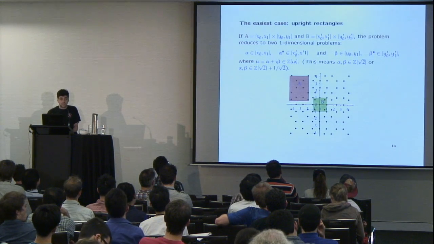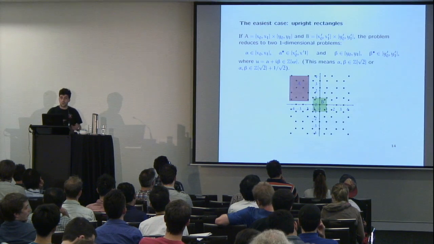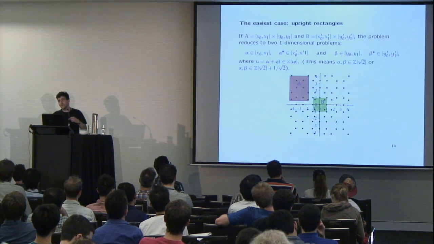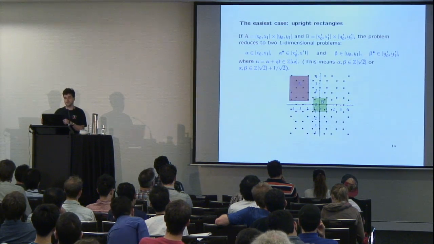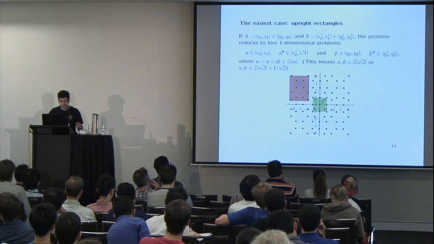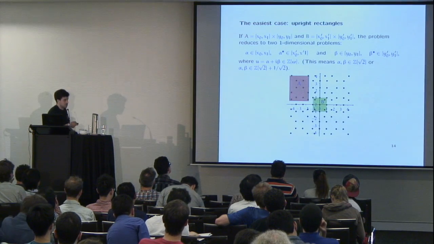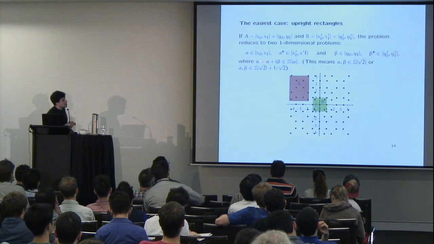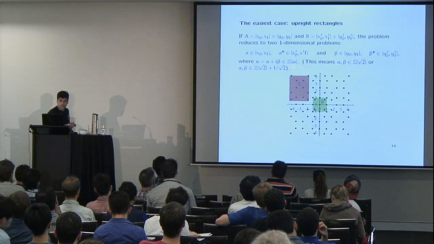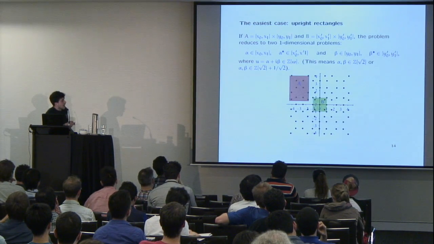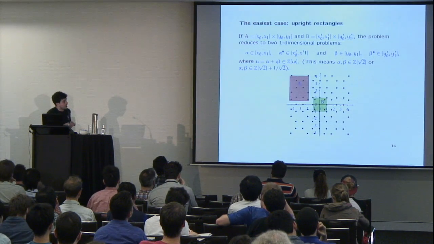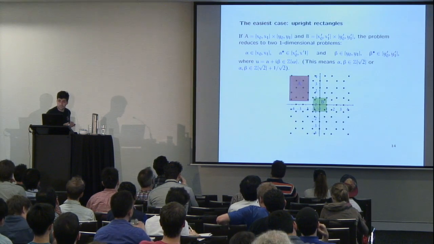In this case, the two-dimensional grid problem reduces to two one-dimensional grid problems. And the reason is just that, glossing over slight details, an element of Z[ω] can always be written as alpha plus i beta, where alpha and beta are in Z[√2].